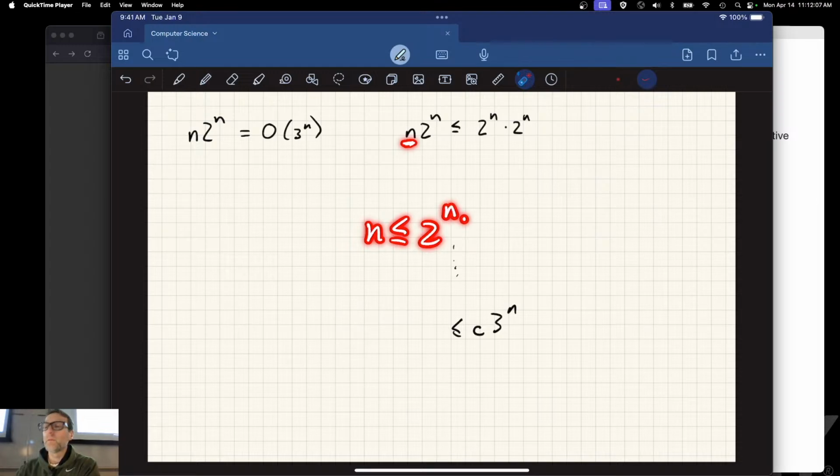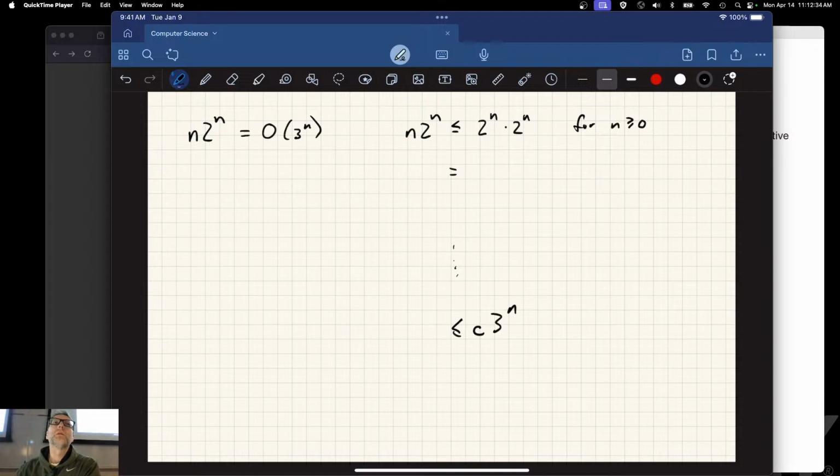For what n? 0? 0 over here would give me 1. Yeah, that works. Is n less than or equal to 2 to the n for n being 1? Yep, that works. Is it for n being 2? Yep, that works. So, for n greater than or equal to 0. Okay. What is that equal to?